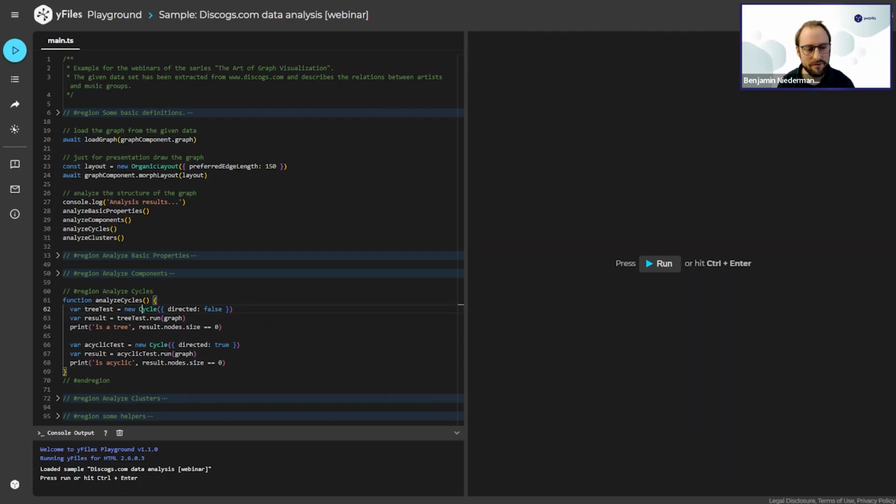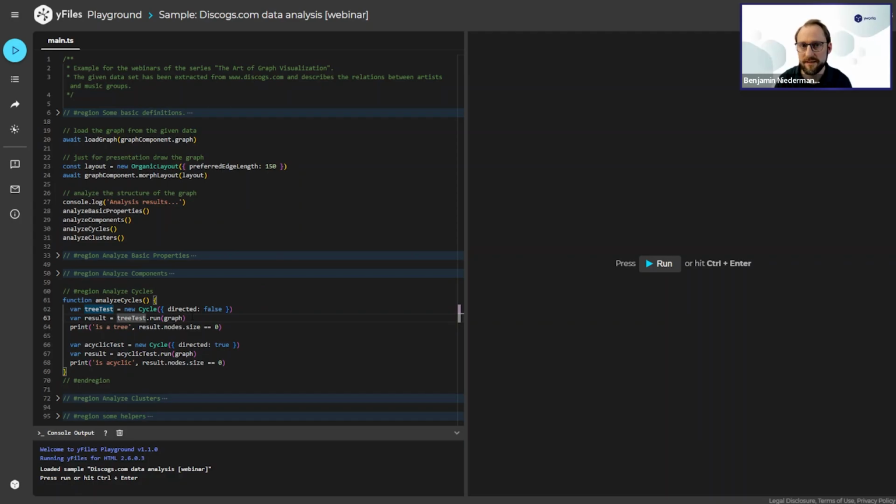It uses the algorithm which is just called cycle, and this algorithm computes a cycle in the graph if there is some cycle. And what I do is I say, okay, consider the edges as undirected edges, which basically means if I don't find any cycle inside of this graph, then the graph must consist of trees.